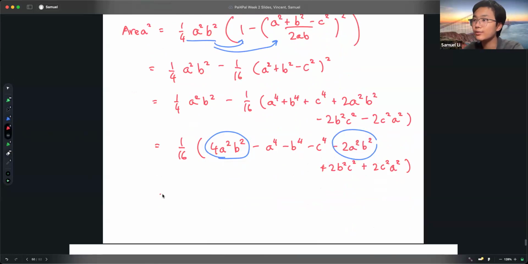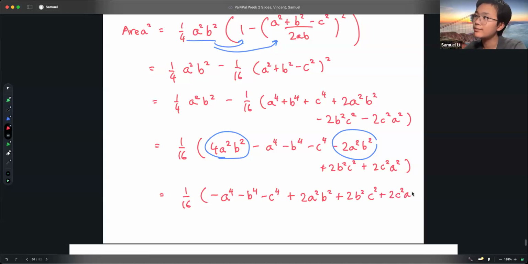So this is equal to 1 over 16 times negative a to the fourth minus b to the fourth minus c to the fourth plus 2a squared b squared plus 2b squared c squared plus 2c squared a squared. Okay, so now there are two potential ways.